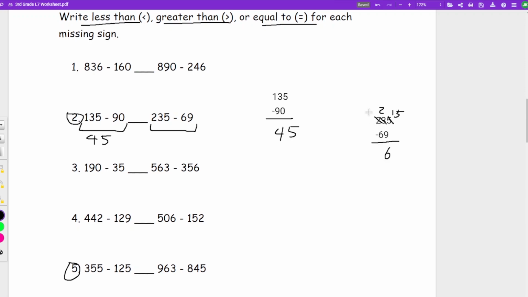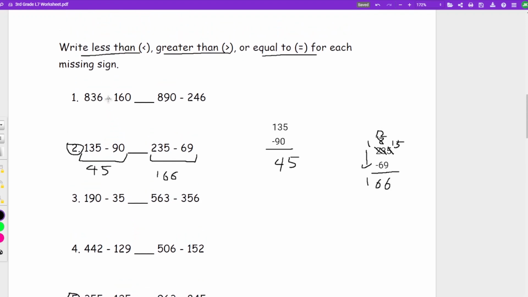Oh, actually, let's just take a 1. This becomes 12. 12 minus 6 is 6. And just bring the 1 down. So that's 166. And we can see that 166 is greater than 45. So I'm going to put a less than symbol. I'm going to put that right here.